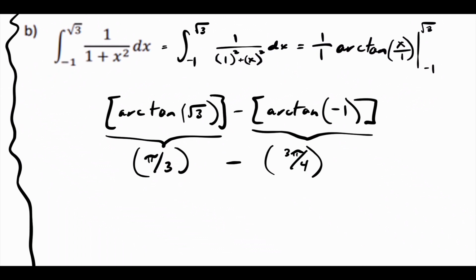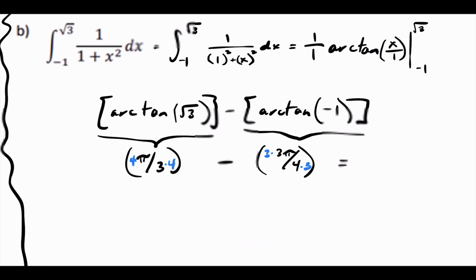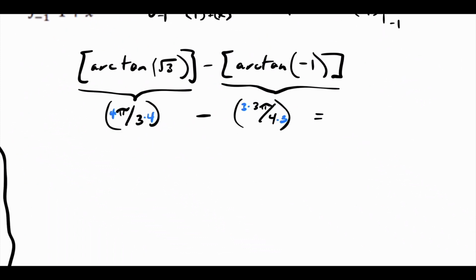So between 3 and 4, I think the common denominator is going to be 12. So we're going to have to multiply one of them by 4 and one of them by 3. So you get 4 pi minus 9 pi, which is negative 5 pi.